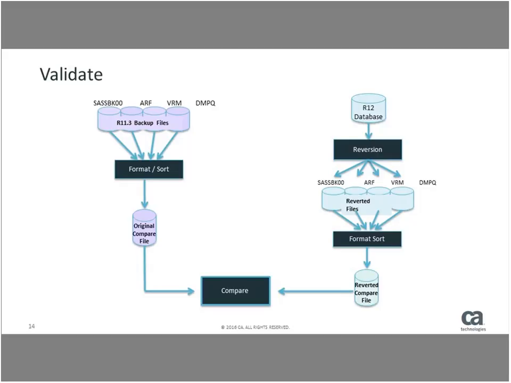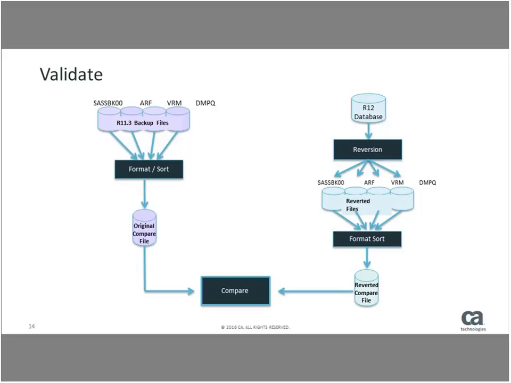It will then run the R12 version of reversion, and we'll talk about reversion a little bit here in a bit, which is going to take what is in the Datacom database that you imported in, spread it back out into a representation of the SAS VK00, ARF, VERM and dump queue files, put that through a sort, and have the reverted compare file.